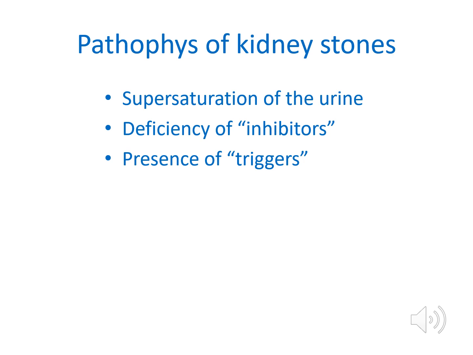There are also certain trigger substances that could appear in the urine that could get the stone formation process going. I'm talking about things that are normally not found in the urine, things like blood cells or pus or dead tissue.